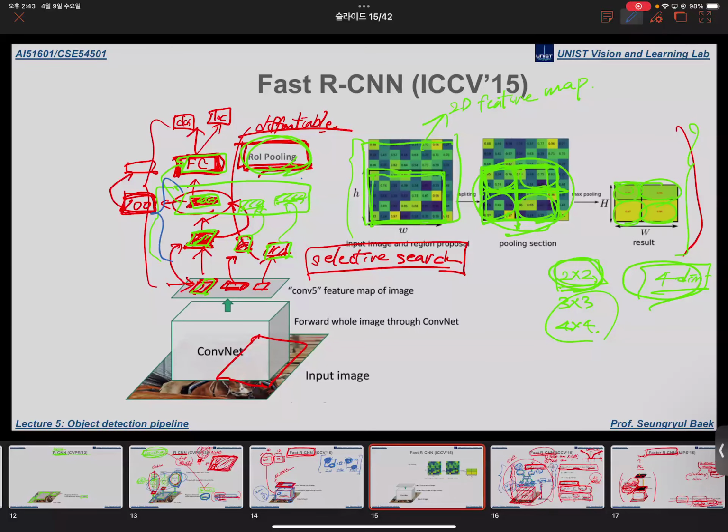From the varied sized windows, we divide into inner sub windows, and then pick a value from each sub window. That's how we get the fixed dimensional vector from the varied windows. Then we can apply the FC layers whose number of coefficients is fixed. Are you guys following this? Yeah.